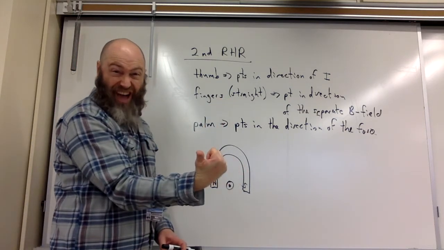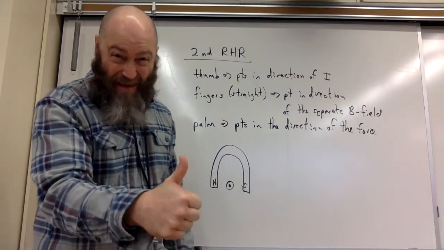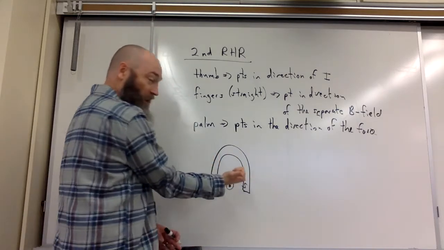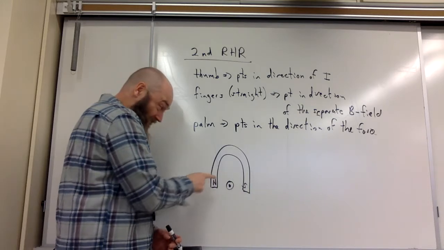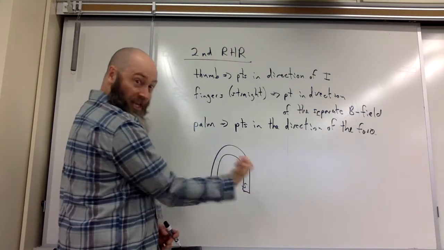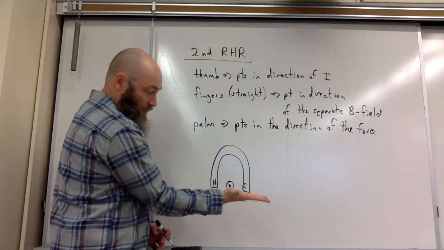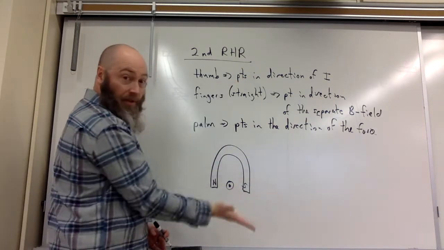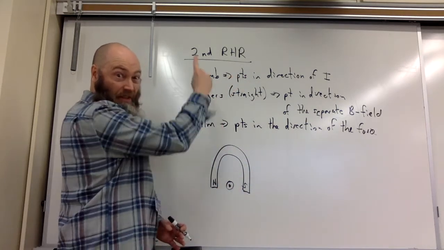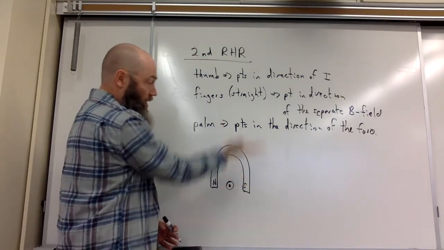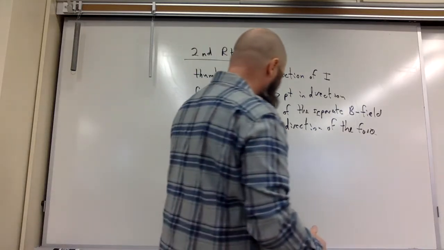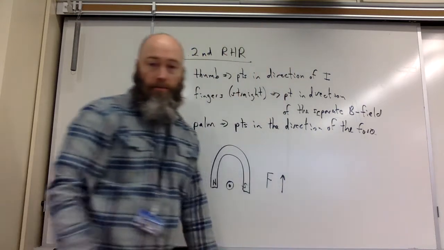If you were watching on your iPad, your thumb points out of your iPad. My fingers are pointing in the direction of the separate magnetic field, so it's going to go north to south. I keep my thumb this way, fingers pointing this way, and my palm points towards the top of the board. So the force would go that way.